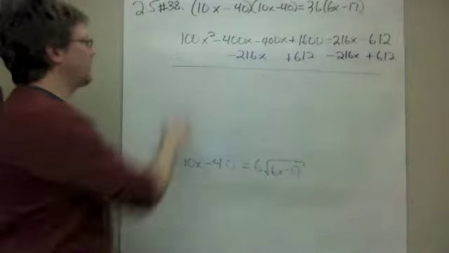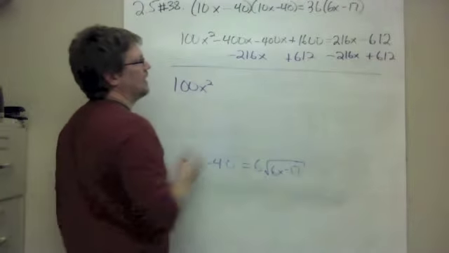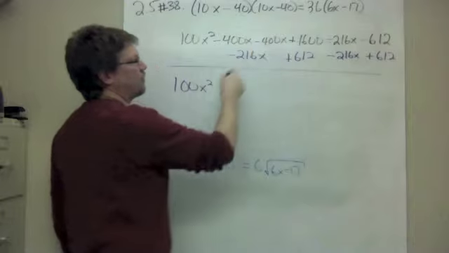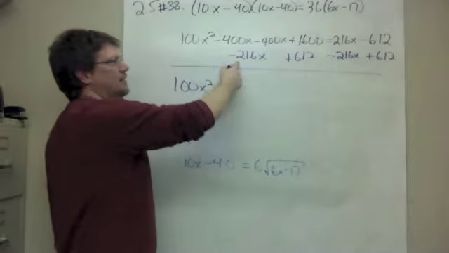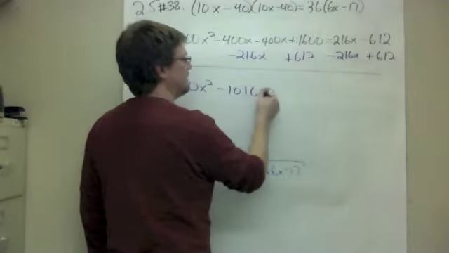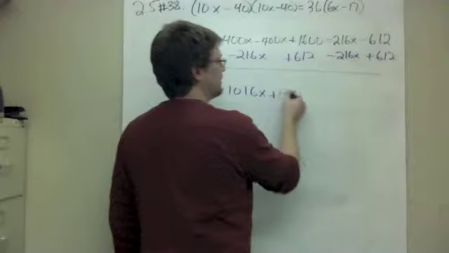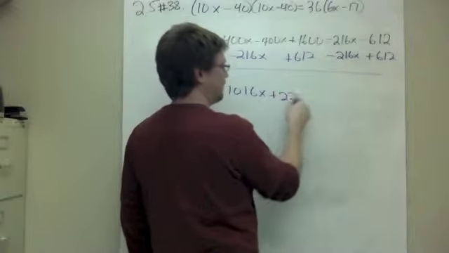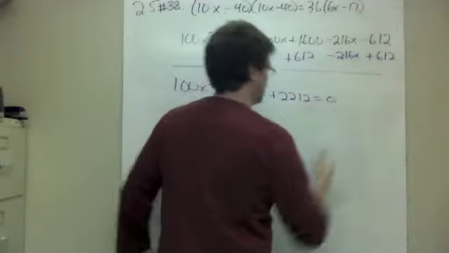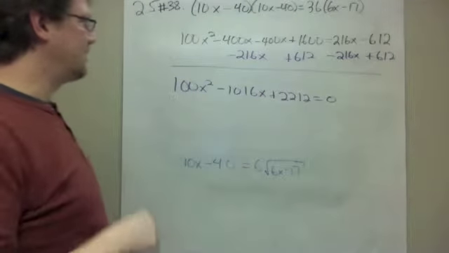Putting the pieces together. I have 100x squared. I have minus 400 minus 400 is minus 800. Minus another 216 is minus 1016x. 1600 plus 612 is 2212, and that's equal to 0.